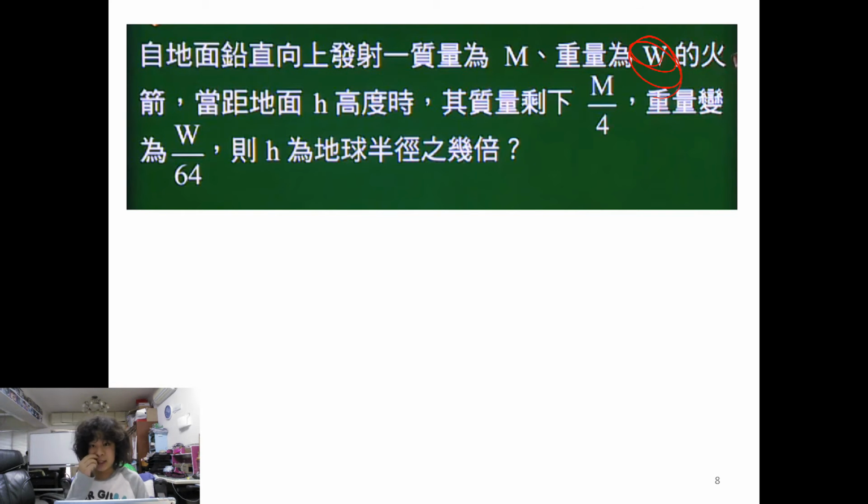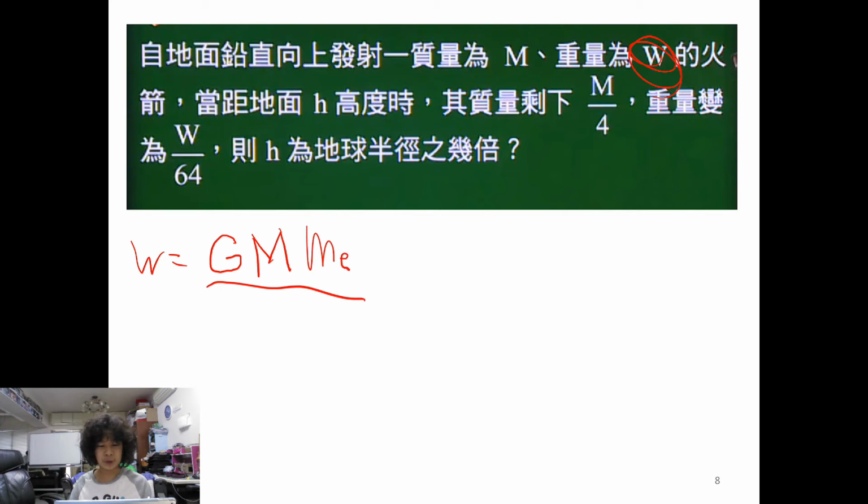Because W is just the force F. So W equals G times the mass of Earth, M, divided by the radius of Earth R squared, and the weight is 64.